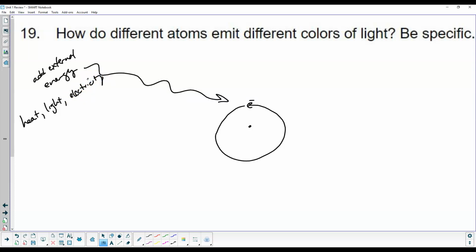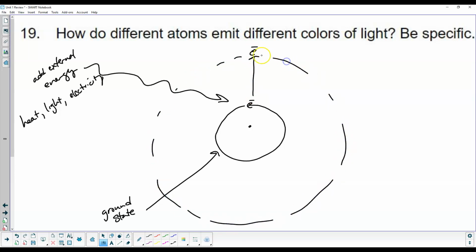What's going to happen is that this electron is starting out in what is called the ground state, its lowest energy state. This electron is going to absorb that energy and jump up. What it's jumping up to are called excited states.